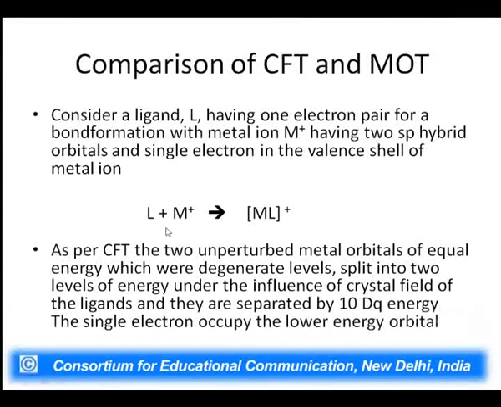So if we treat it with the CFT theory, as per CFT, the two unperturbed metal orbitals of equal energy, which were degenerate levels when in the isolated state, may split into two levels of energy under the influence of the crystal field of the ligand, and they are separated by 10 Dq energy. This is what we have learned.